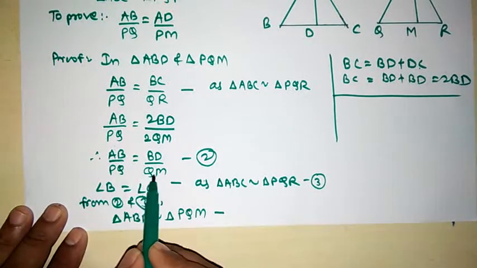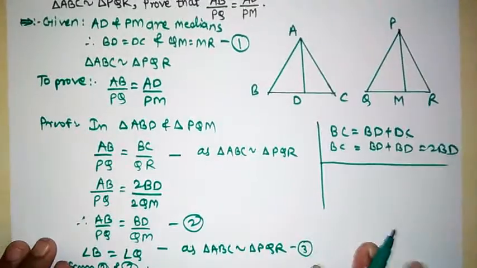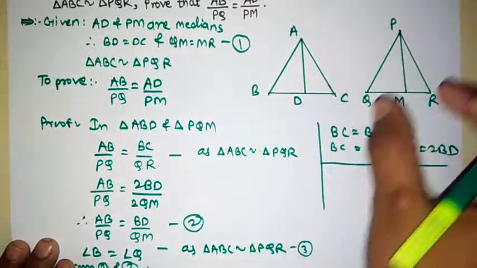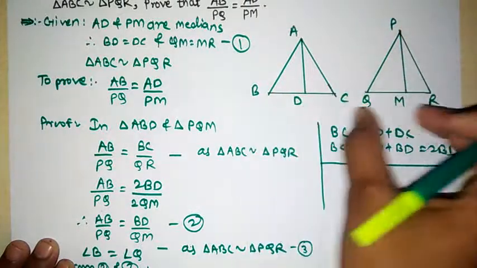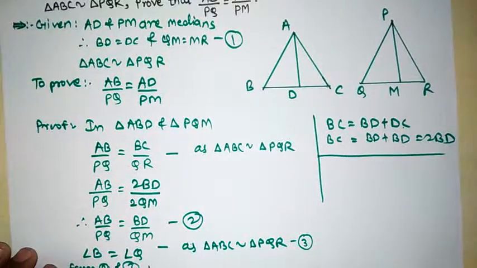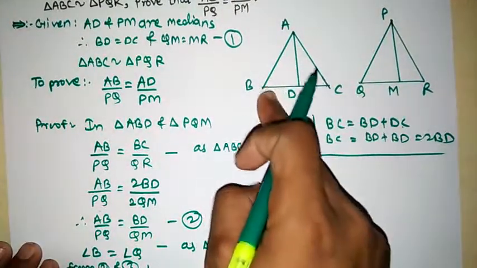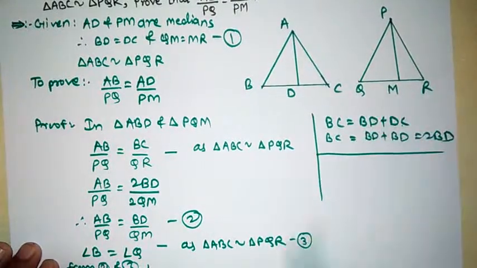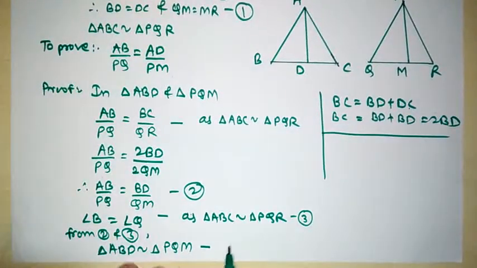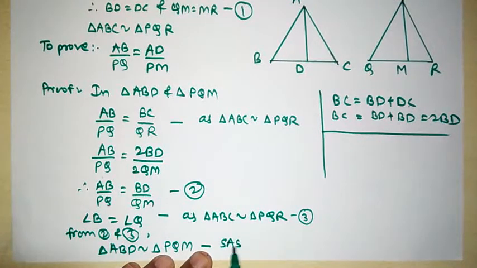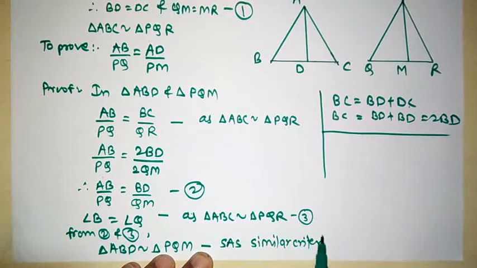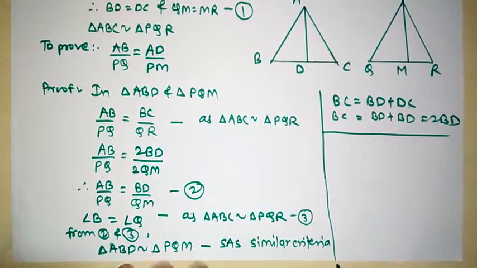See here, these two sides are in the same ratio, that is, AB by PQ is equal to BD by QM, and one more angle we got, the included angle, angle B is equal to angle Q. Therefore, by SAS similarity criteria, these two triangles are similar.